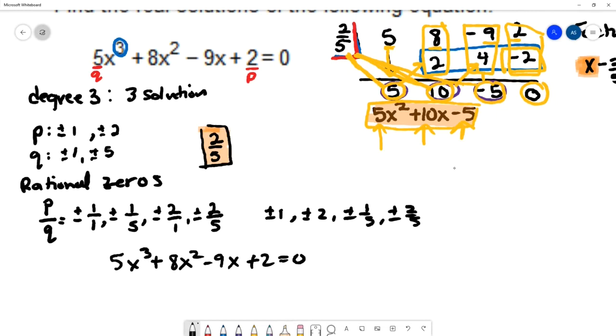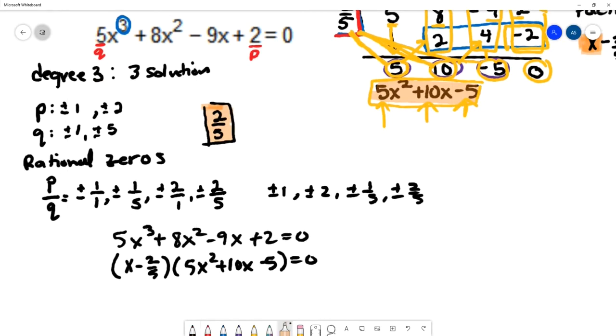So now I'm able to rewrite this polynomial as x minus 2/5 times 5x squared plus 10x minus 5 equals 0. And I know that I can solve every quadratic equation. If I can't solve it by factoring, I can always go to the quadratic formula.